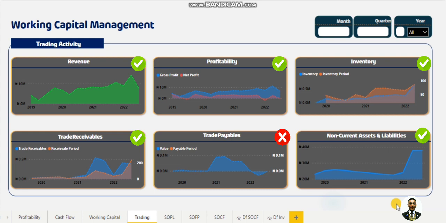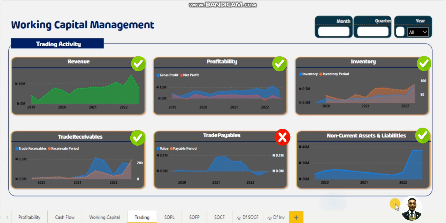Three, ensure that it takes care and properly evaluates projects before investing in non-current assets, so that it will not be a case of investing in something that does not have a direct link to the growth of its revenue and by extension its profits after interest and tax, or profits for the year.